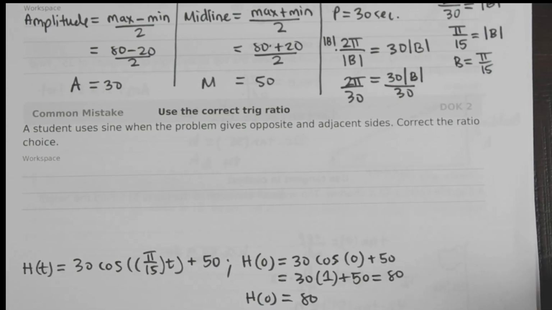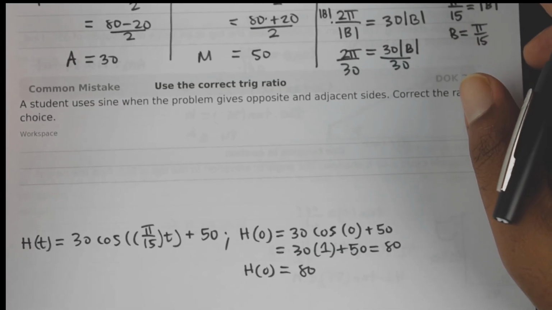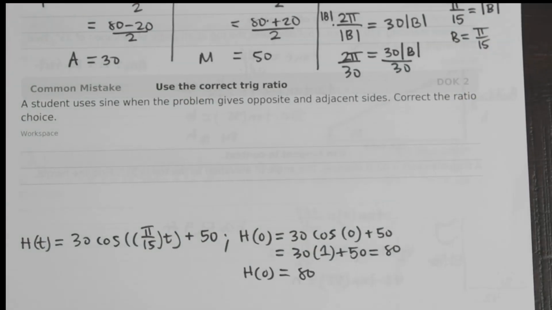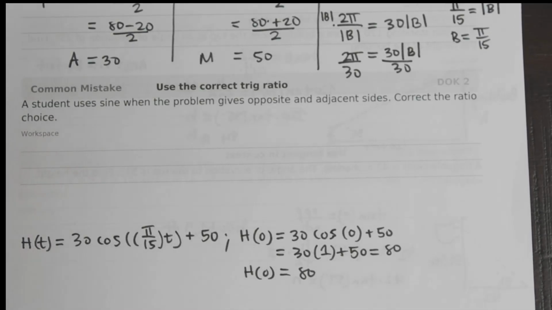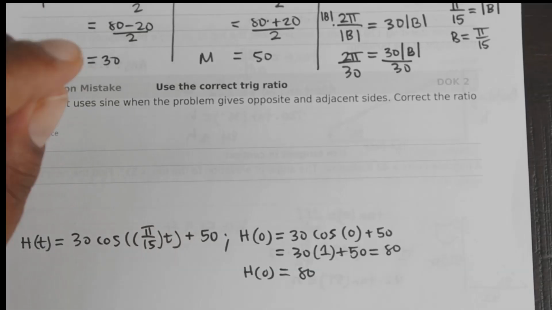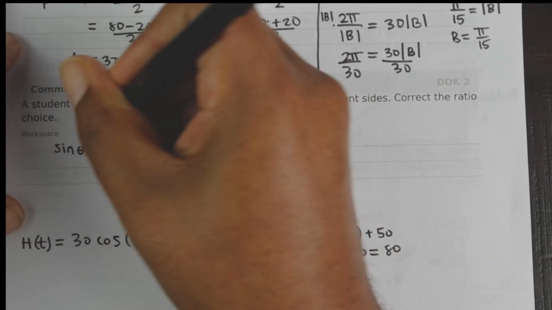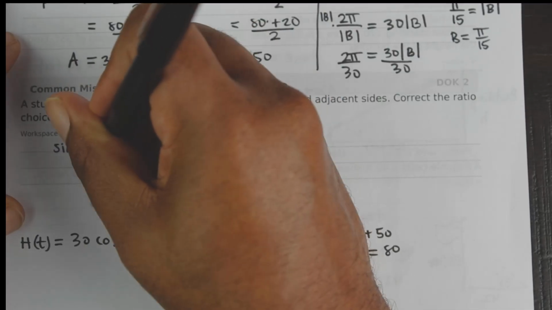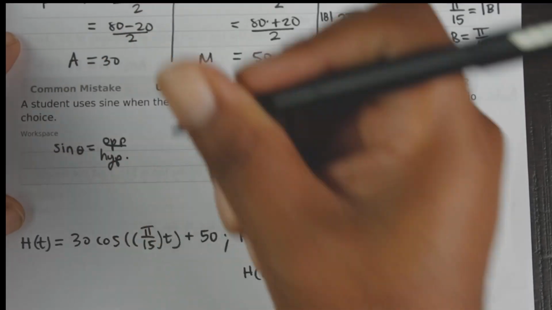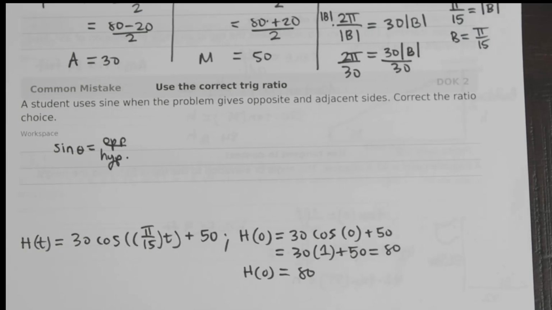Okay. Now, the common mistake problem: a student uses sine when the problem gives opposites and adjacents. Correct the ratio choice. So the mistake is basically choosing a trig ratio without checking the sides. Sine uses opposite over hypotenuse.